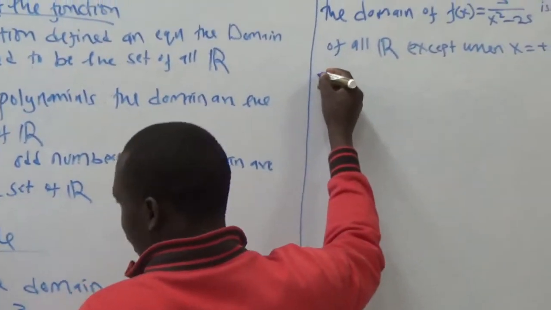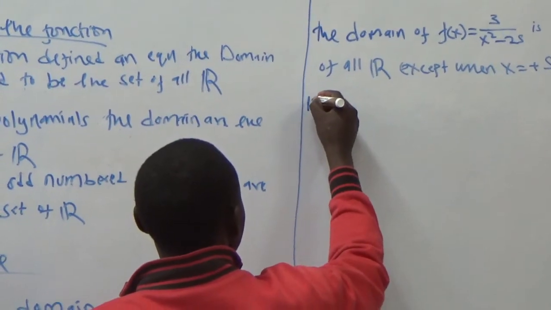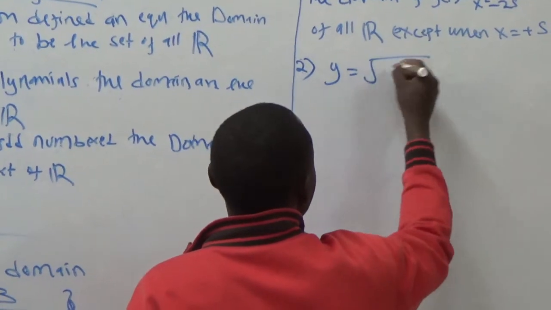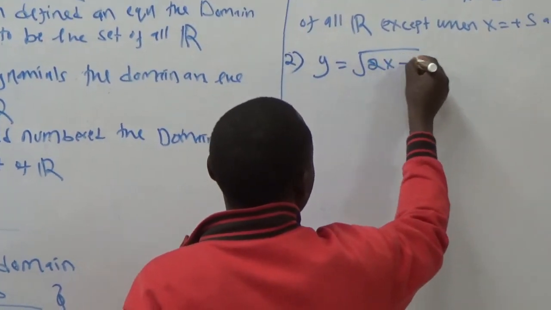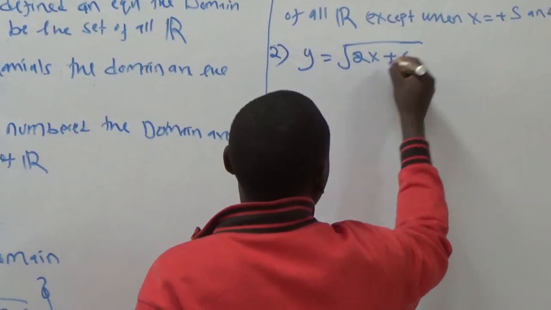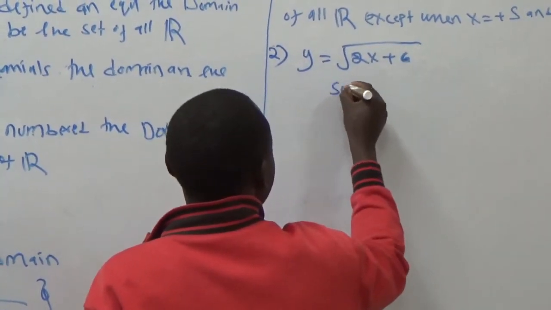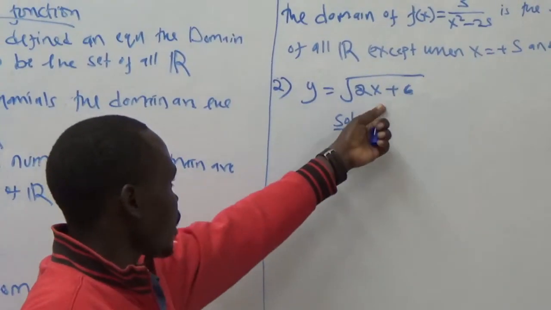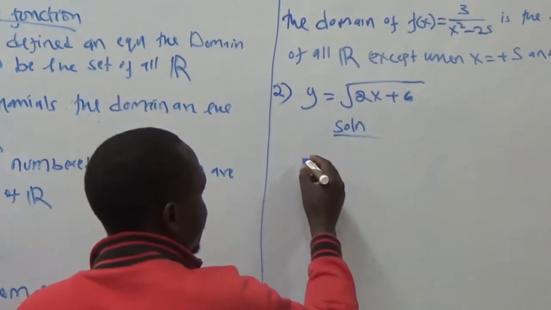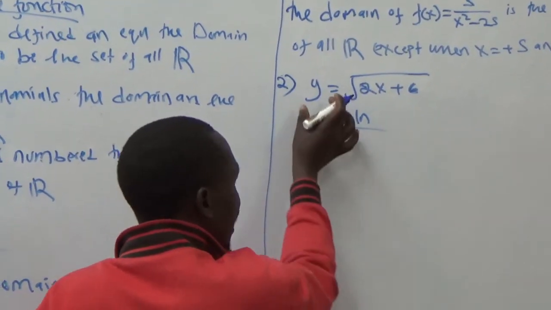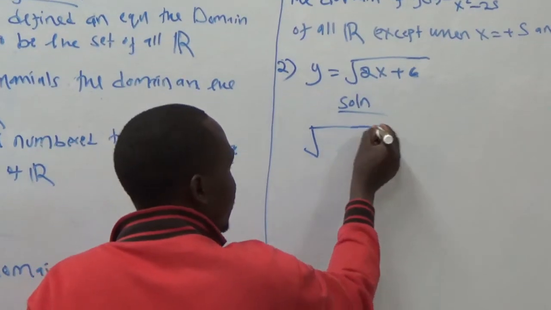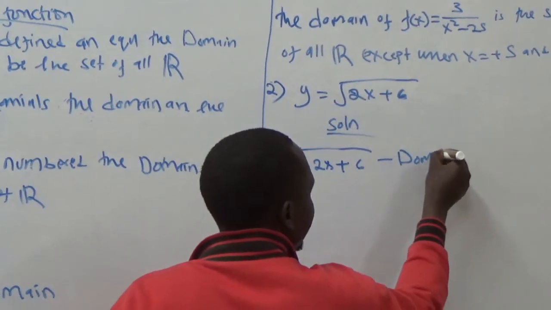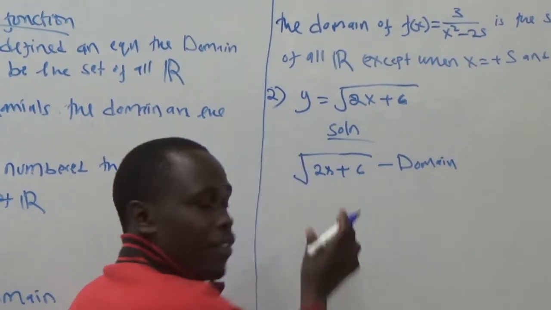For the second example, example number 2, y equal to the root of 2x plus 6. Let's go to the solution. You have been told to find the domain of this equation. The root of 2x plus 6 is our domain, so we want to find the value of x.